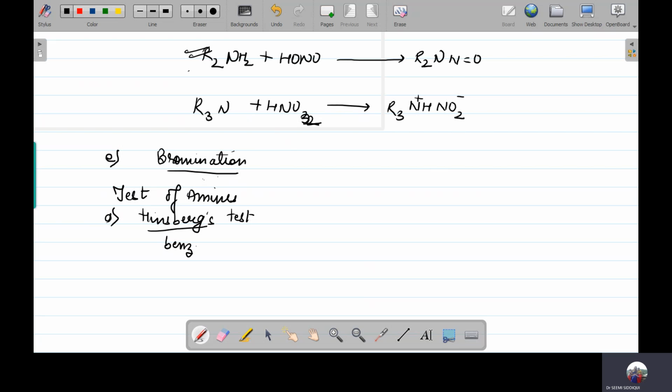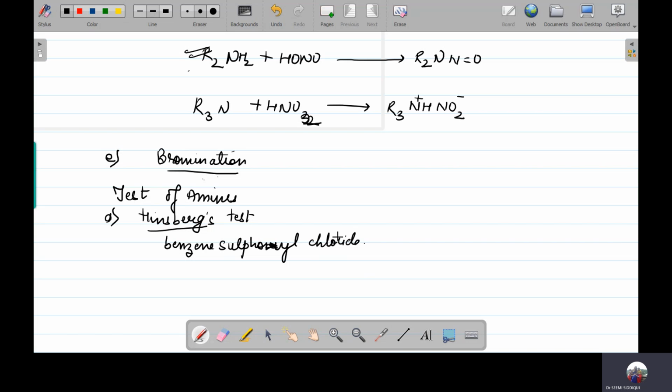It is benzene sulfonyl chloride. So what happens in this case is that we take an amine and it is first made to react with the benzene sulfonyl chloride, and then we shake it with aqueous KOH solution. On the basis of this, we can identify the three different amines.